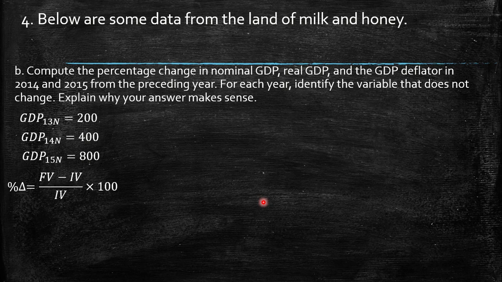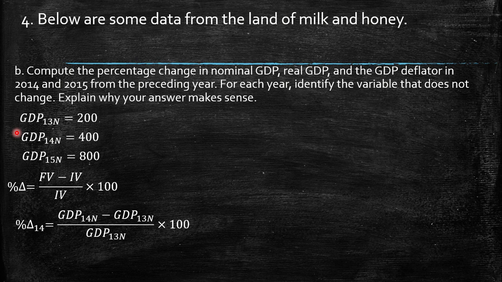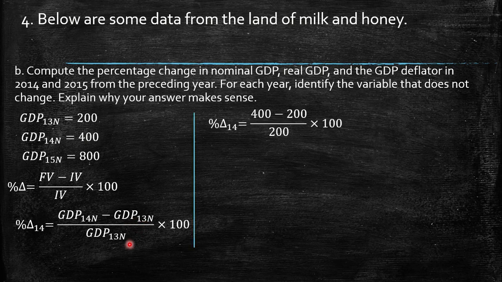Remember, the percentage change is the final value minus the initial value over the initial value times 100, and you have the answer in percentage. So we have the nominal GDP for 2014 minus the initial, which in this case is 2013 nominal, over 2013 nominal. You just replace, and then we end up with 100%.